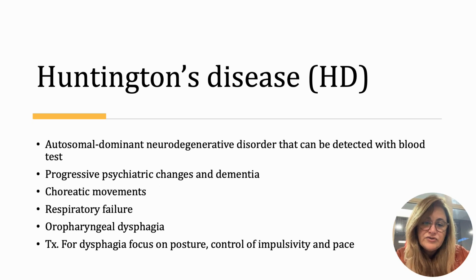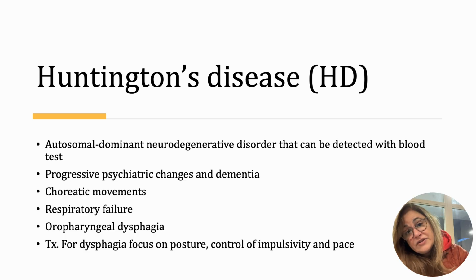Huntington disease is an autosomal dominant neurodegenerative disorder that can be detected with a blood test, and is something that you would get from someone in your family. Sometimes there's a 50% chance. Progressive psychiatric changes and dementia, choreatic movements, and respiratory failure and difficulty to protect that airway.